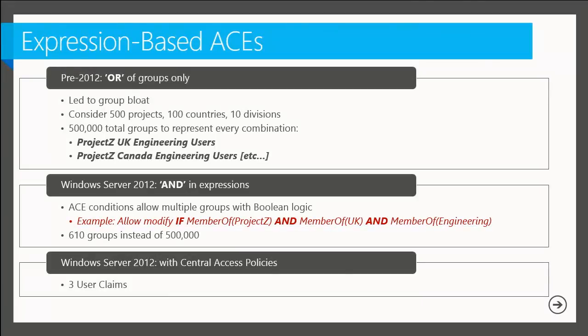If a user is part of Project Alpha, if the user is in HR, and if the user is in the UK, that is suddenly my ACL. No more groups involved, a couple of properties that end up in a security token, and that's it. As an end result, you get a much simpler to manage system, and you have a very different experience when it comes to token bloat, which we will get to, yes.